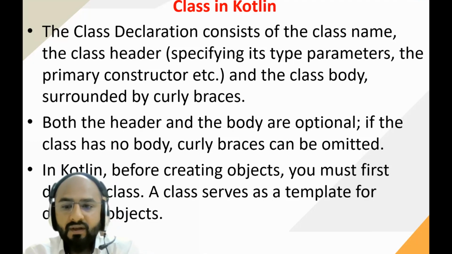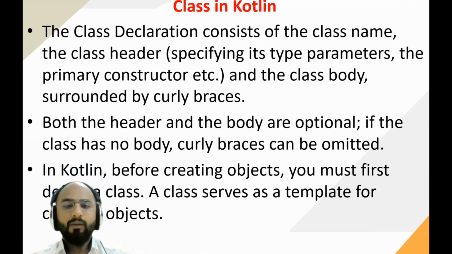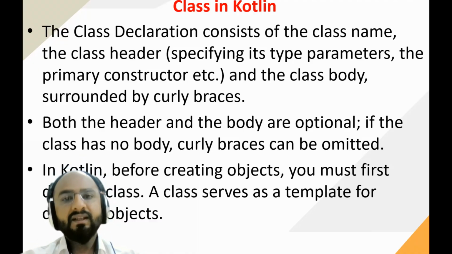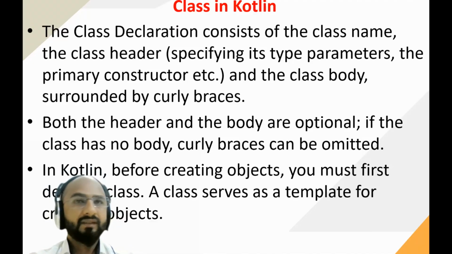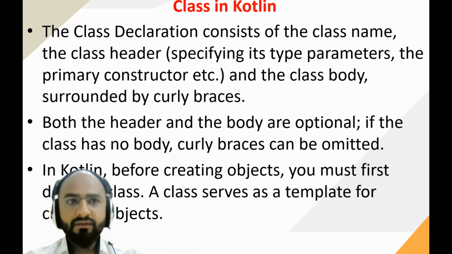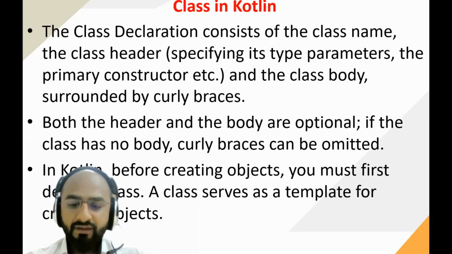A class serves as a template for creating an object. So this is the basic difference between a class and an object. A class is a virtual entity whereas an object is a physical entity, right? I will give you the example of class and object after some slides.